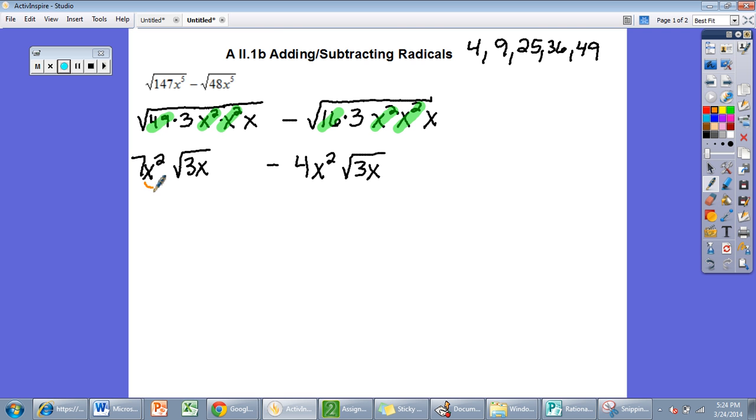Okay, the x squared 3x has to be the same. So I have 7 x squared square roots of 3x, and I'm taking away 4 x squared square roots of 3x. So I'm going to be left with 3 of them, 3x squared square roots of 3x. And that's what my final answer would be.